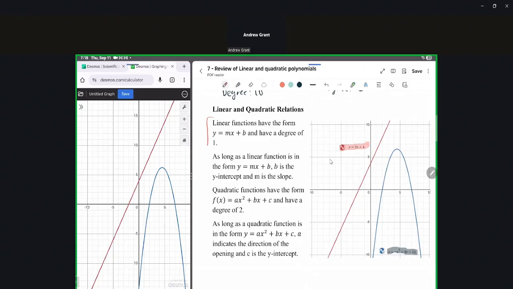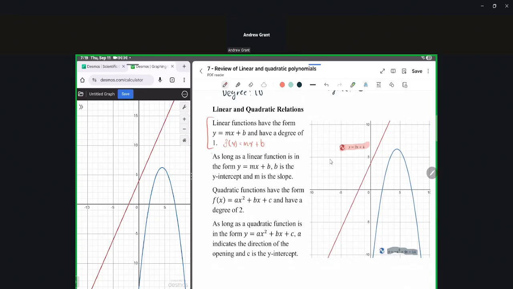So linear functions have the form y equals mx plus b. And keep in mind, we can also write this as f of x equals mx plus b. Just remember that we tend to interchange f of x and y. And these things have a degree of 1.